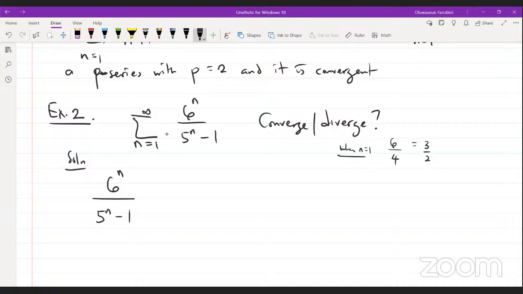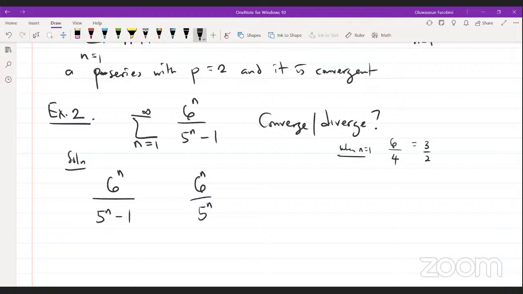But again, you have to stick with these guys. Your logical conclusion or your reasoning has to be within the n term you're given. I got 6 to the n on the top, 5 to the n on the bottom. 6 to the n on the top is the largest, so I'm going to retain it. So on the bottom, what is the largest? 5 to the power of n.